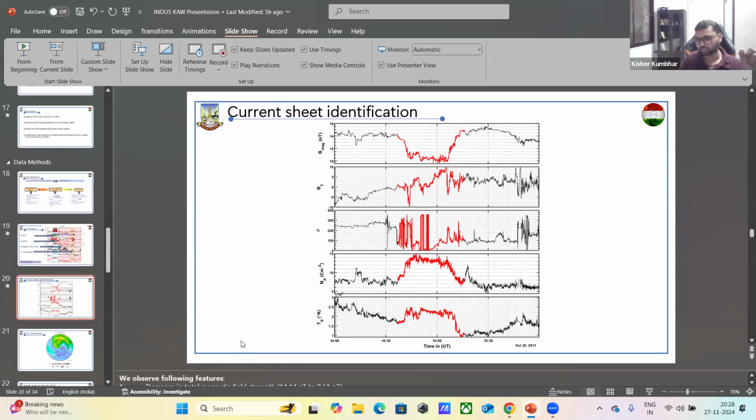Along with that, there is another quantity which we can estimate called the Elsasser variables, through which we can form the normalized cross helicity, which is a parameter that again basically finds the correlation between velocity and magnetic field, and will tell us the presence of Alfvén waves in the ICMEs.